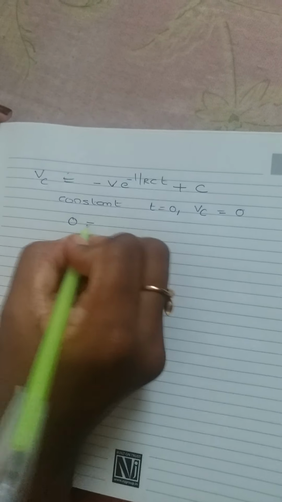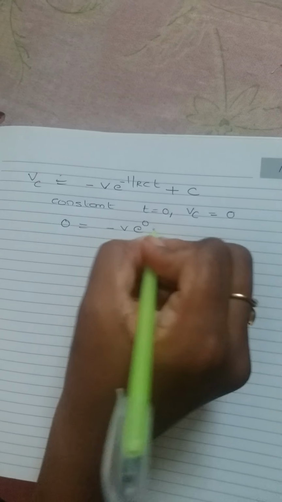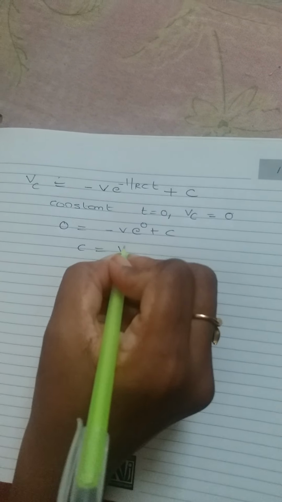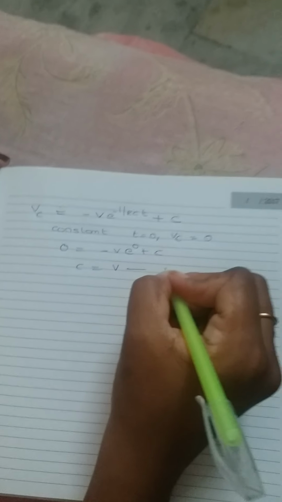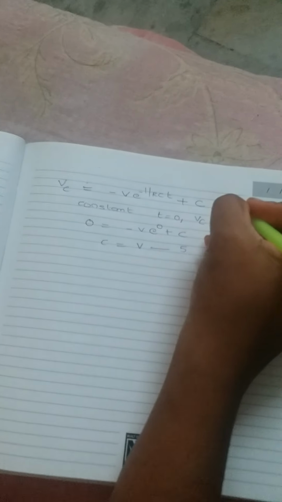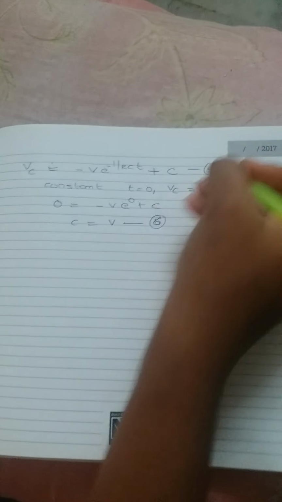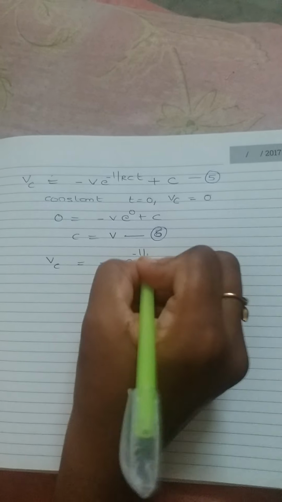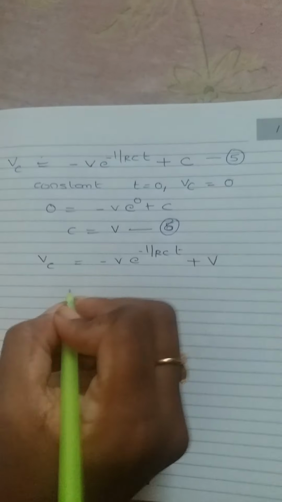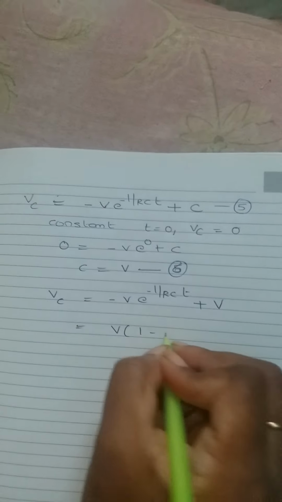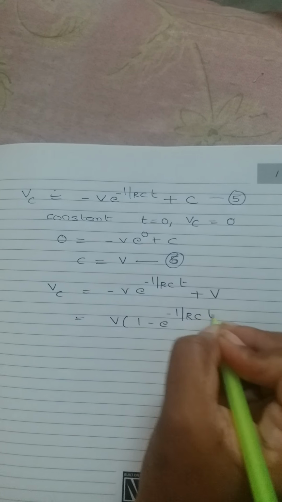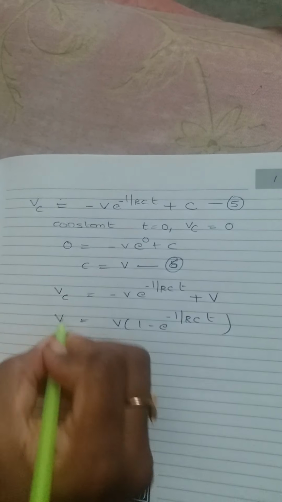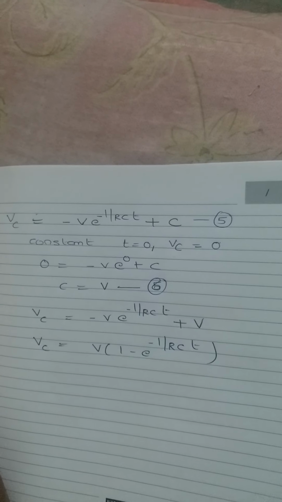By substituting this in the above equation, Vc equal to 0 minus V e power of 0 plus C. Then C equal to V. Substitute equation 6 in equation 5. Then Vc equal to minus V e power of minus 1 by RC into t plus V. By taking V as common, V into 1 minus e power of minus 1 by RC into t. This is the formula for voltage across the capacitor.